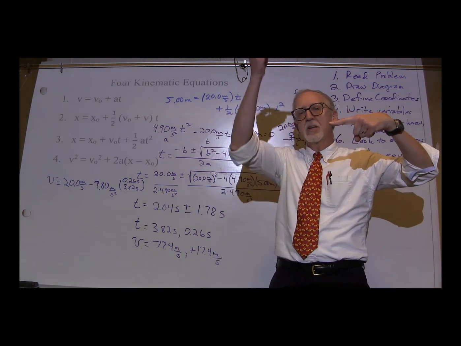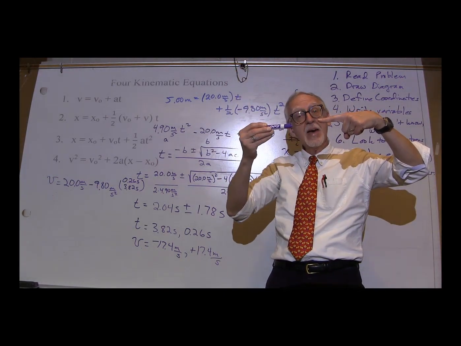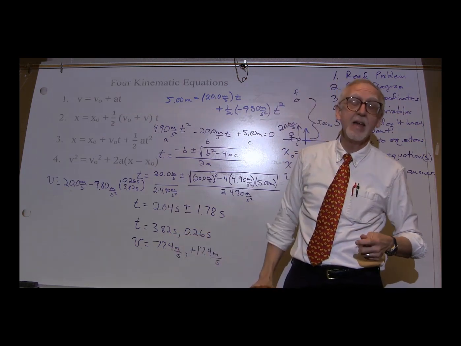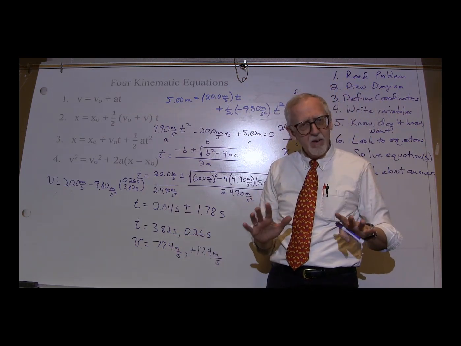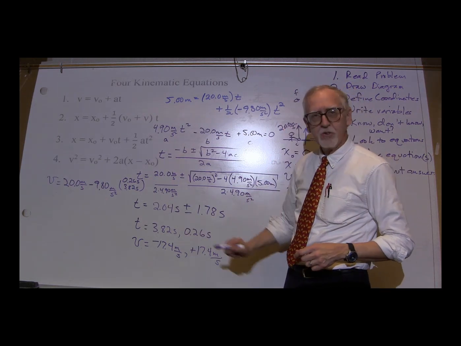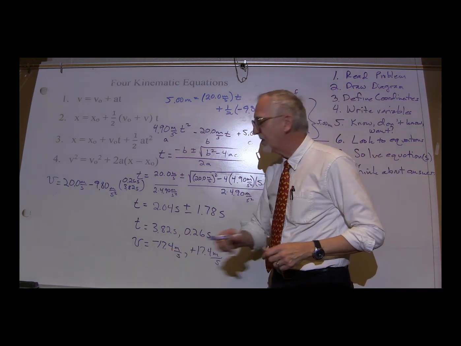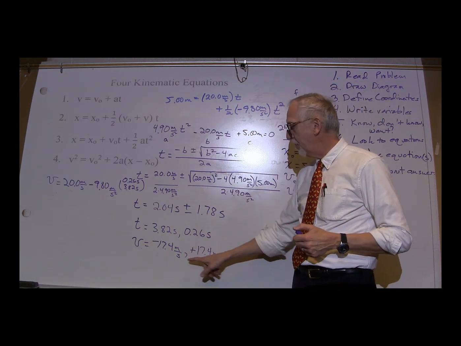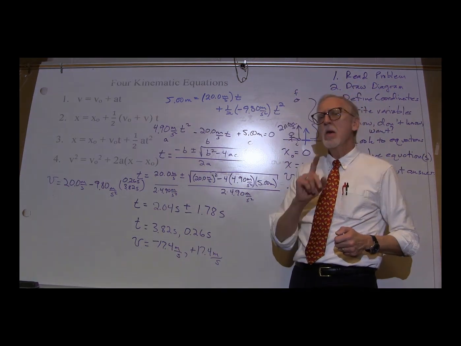But what about the later time? It's coming back down, and so we get a negative velocity. Very, very good. That makes perfect sense. Getting two answers makes sense, and then getting these two different values for the velocity makes sense. One of them going up, one of them going down.